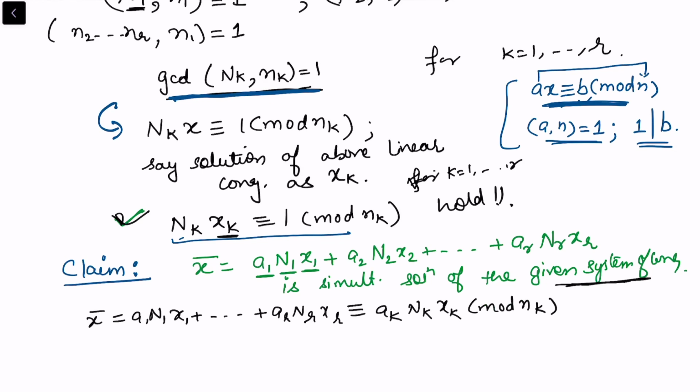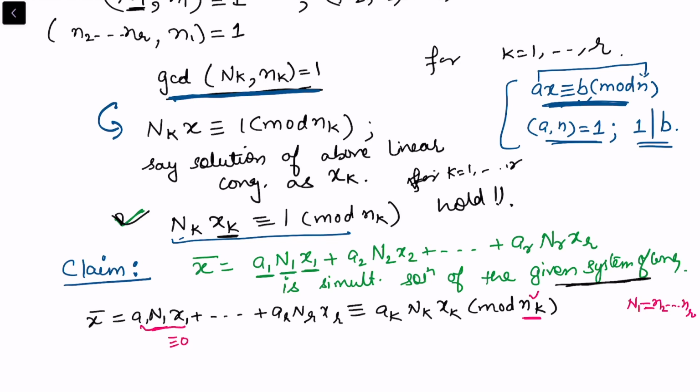Now since I have fixed this nk here, you see that in capital N1, by the definition, nk will definitely appear, because small n1 is not appearing, all the other terms n2 to nr are appearing. So that means this side is congruent to 0.